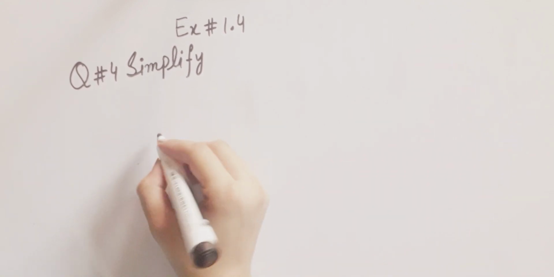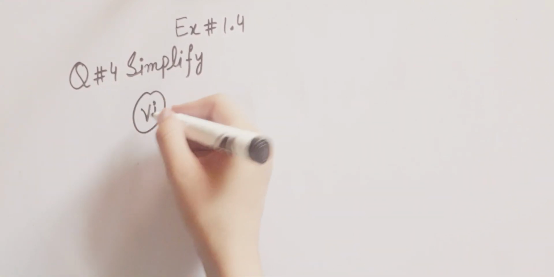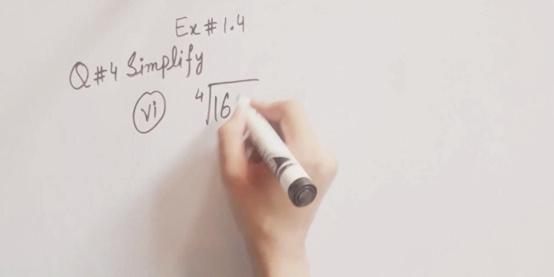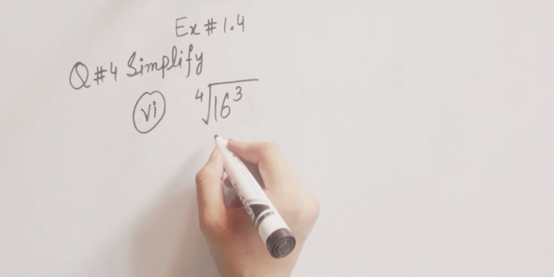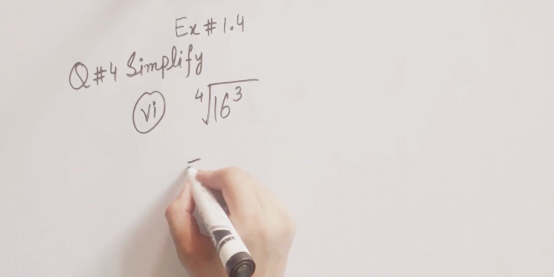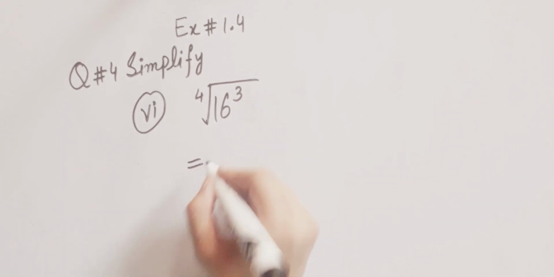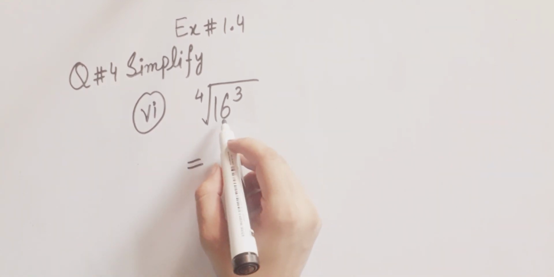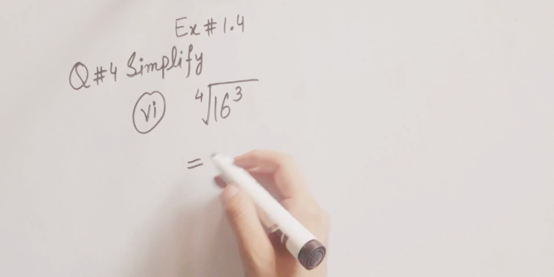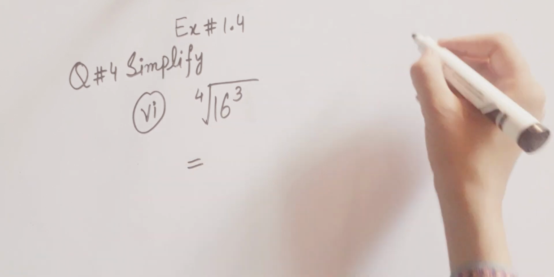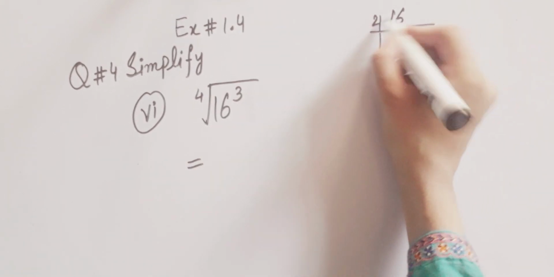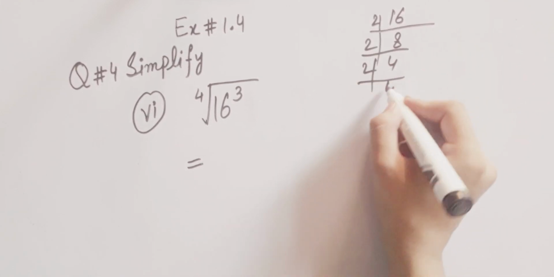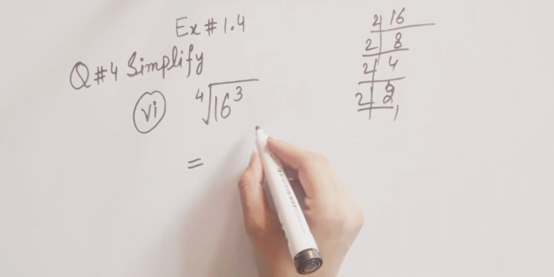Now students, we have part number 6, that is the last part of the question number 4, that is the fourth root of 16 power 3. First of all, make the prime factors of 16, which is 2 power 4.